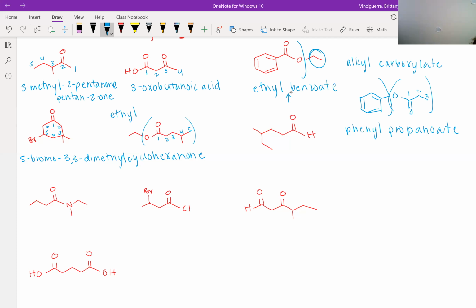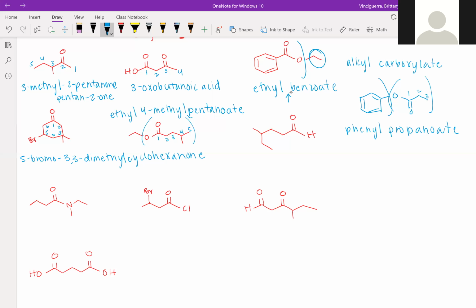So would it be 4-methylpentanate? Right. So remember, you have to give your alkane name and then oate. So oate is your suffix for these.